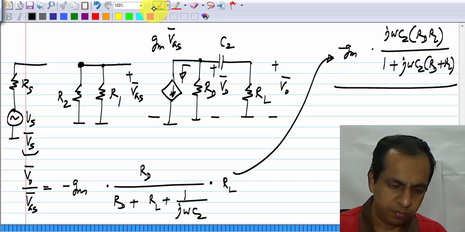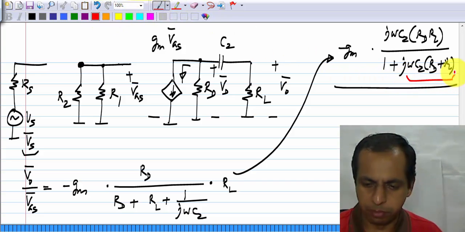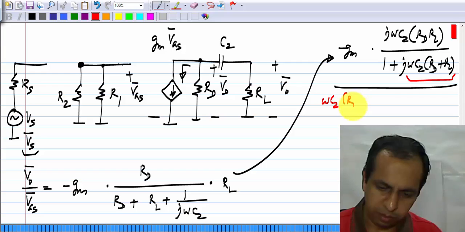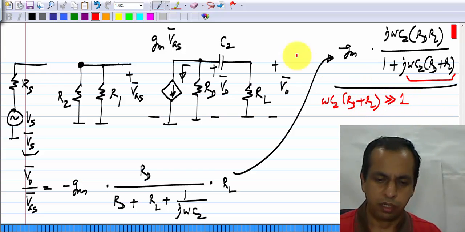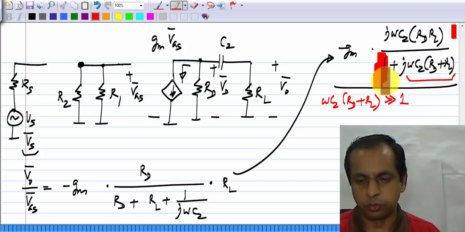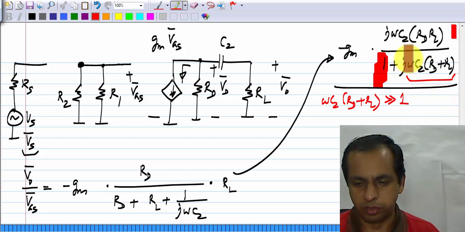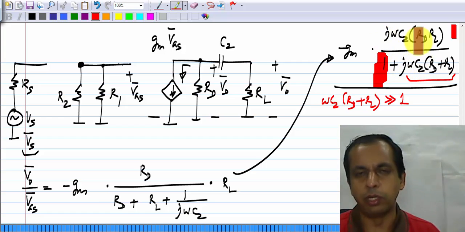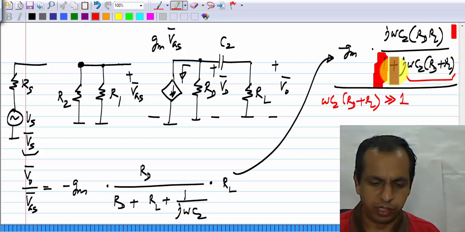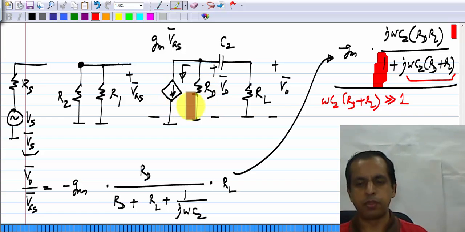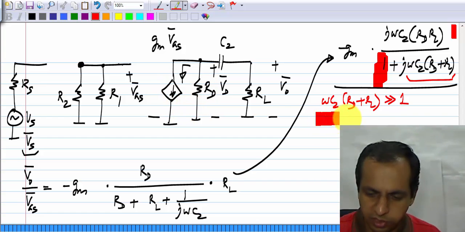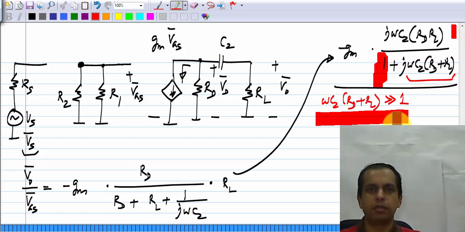And you see that if this number here, omega C2 times RD plus RL, is much greater than 1, then you can neglect this 1 here, because this imaginary part has much greater magnitude, and then this J omega C2 will cancel off. What will we get? RD RL by RD plus RL, that is RD and RL appear in parallel across this controlled current source. So, this is the condition that we need.